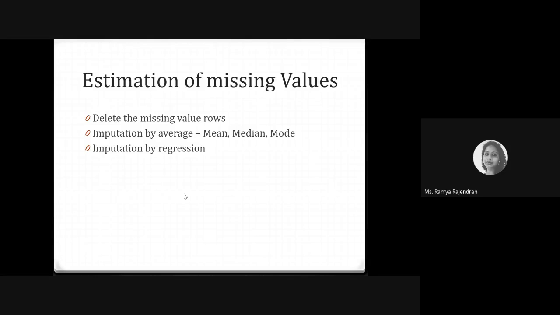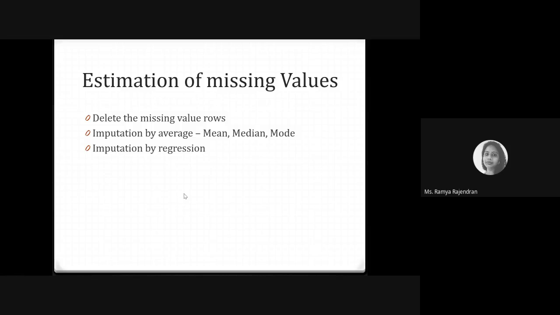Imputation is nothing but computing your missing value by applying average methods. You can apply mean, median, or mode. If it is a categorical variable, you can go with mode.